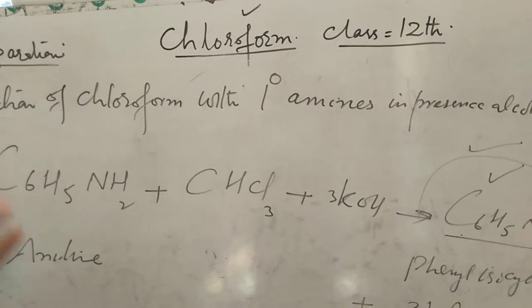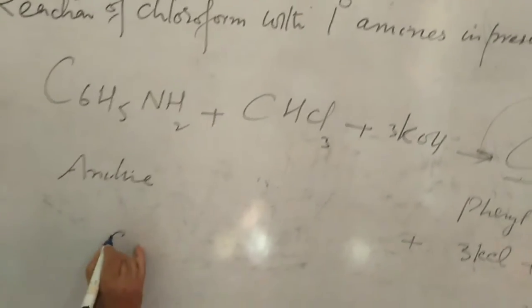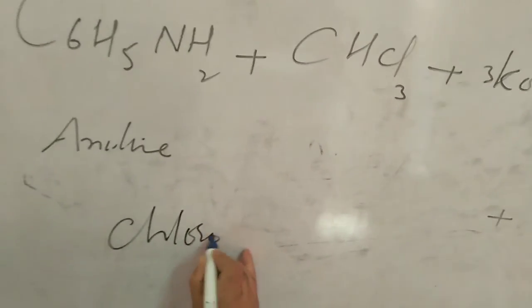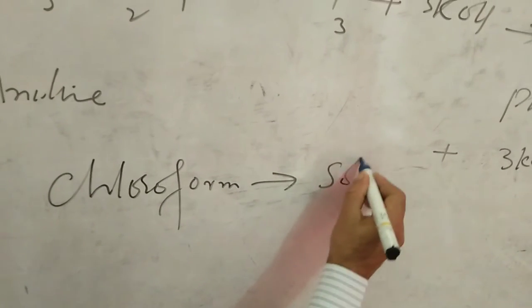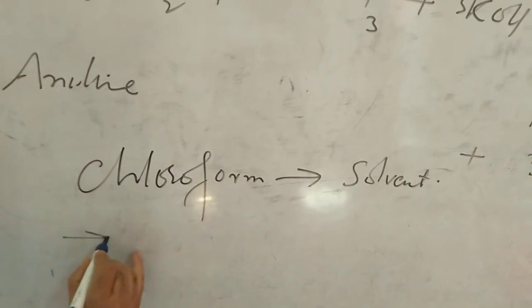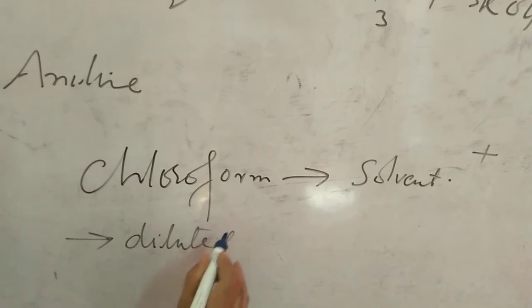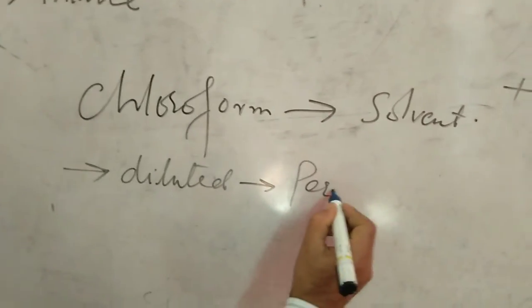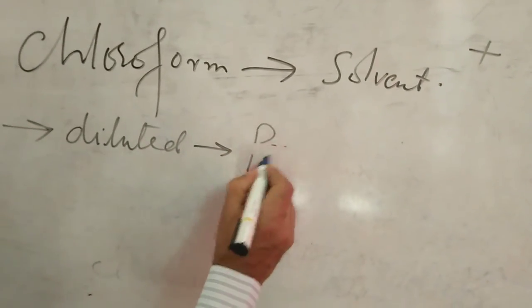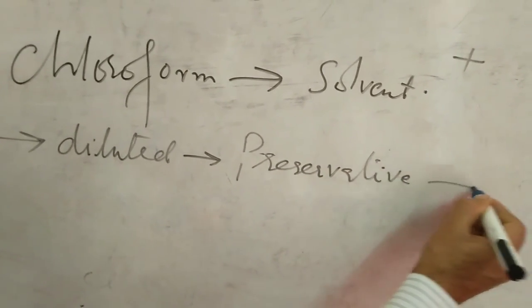You know, one of the important uses, it is used as a solvent. Chloroform is used as a solvent. In diluted condition, when it is diluted with water, it is used as preservative under the name of formalin.